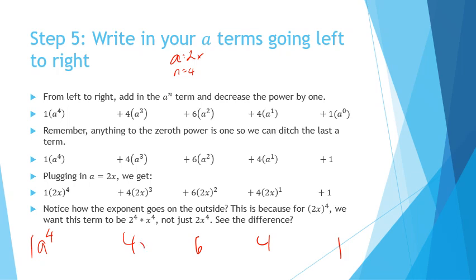So a to the 4th, then a cubed, and remember we have pluses, a squared, a to the 1st, and then this is just a to the power of 0, which we know anything to the power of 0 is 1, right? So this becomes 2x to the 4th, 2x to the 3rd, 2x squared, 2x, and then we can almost erase that entirely. So let's do that now.